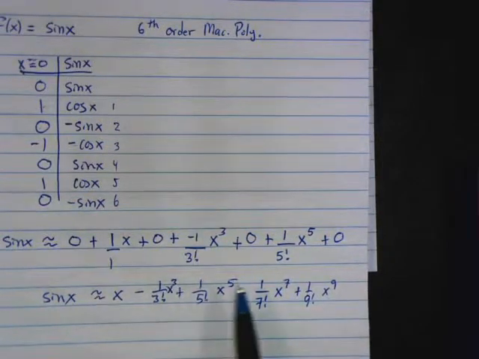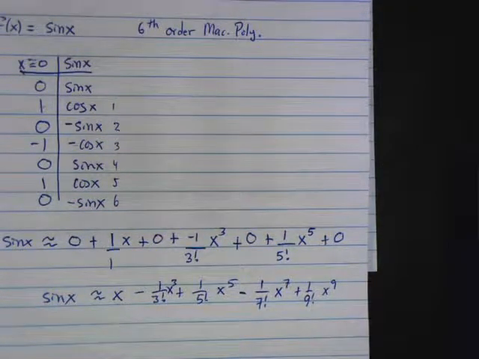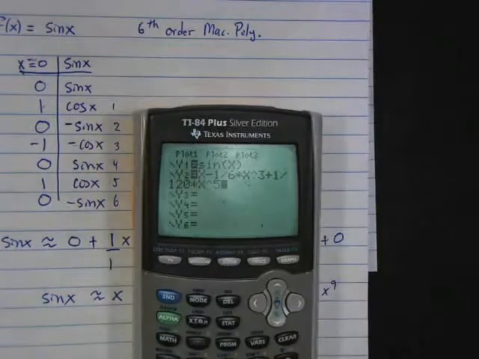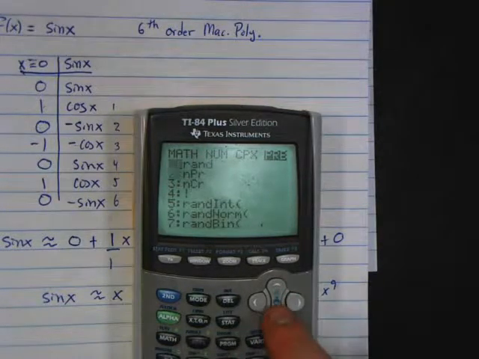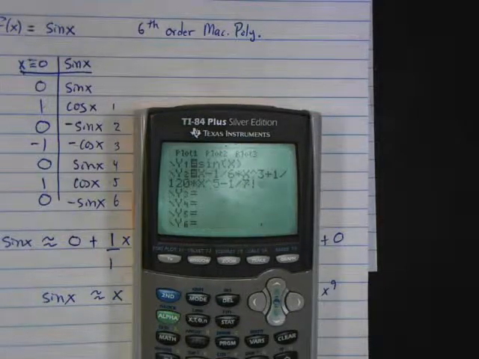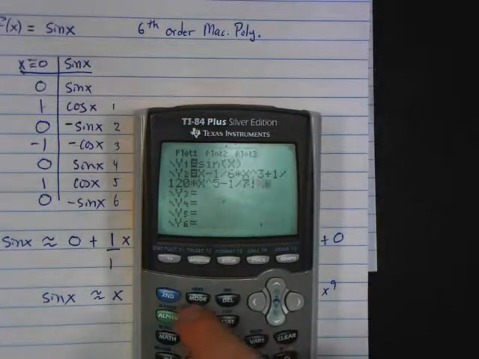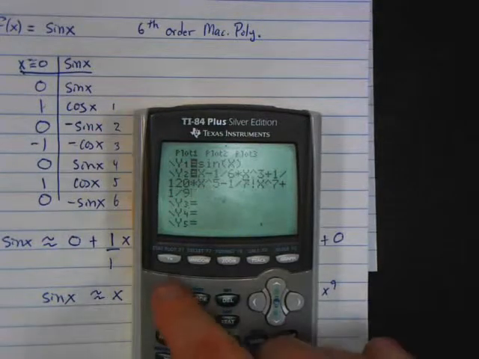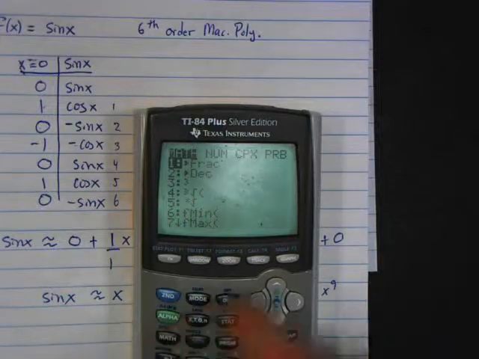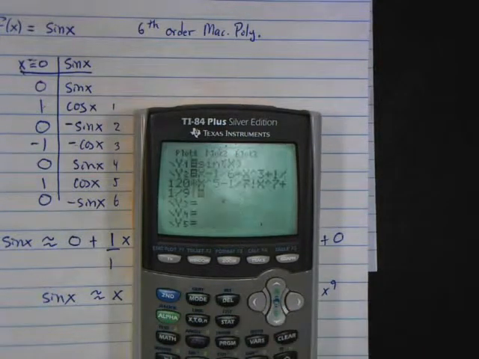Only the odd powers survive. Let's just try those two just for fun. Minus 1 over, what's 7 factorial? Yeah, I don't know either. There's a factorial button on my calculator. One over 9 factorial x to the 9th.